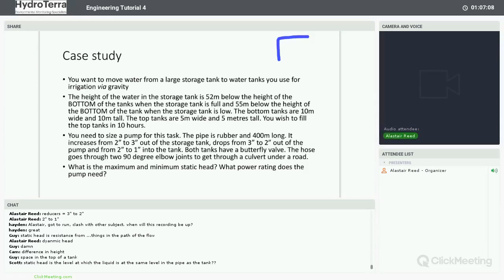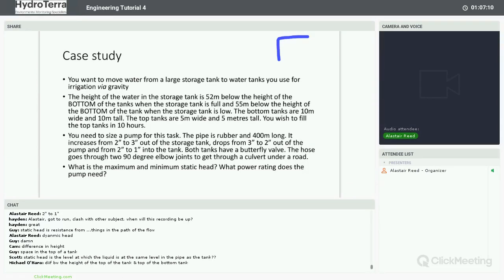The best way to think about it is the gravity that the liquid needs to overcome. Well, you're very close there, Michael. It's actually the difference in the height of the liquid in the two tanks.